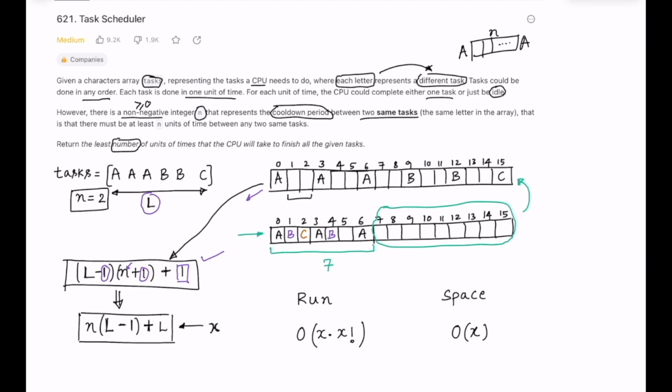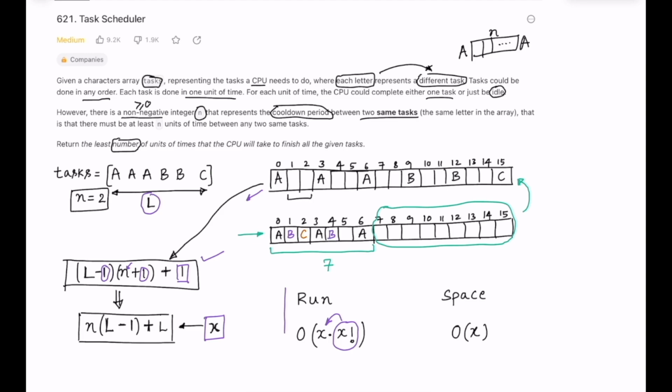So let's simplify this and call this x. To generate all permutations of the order we started with, it takes x factorial amount of time, and for each of those permutations we need to get rid of the final empty slots which are idle, and it takes about O of x time for that.